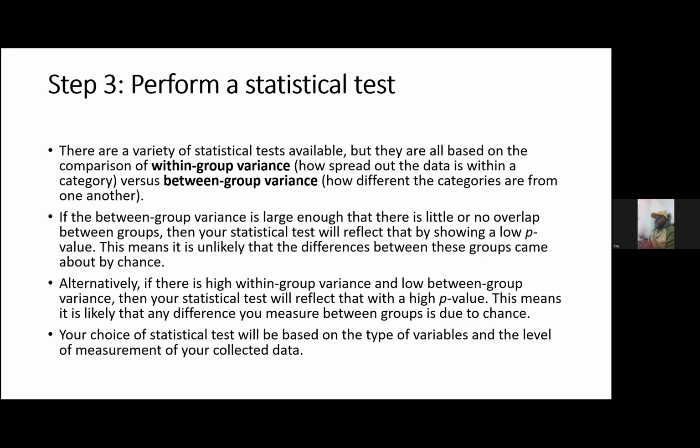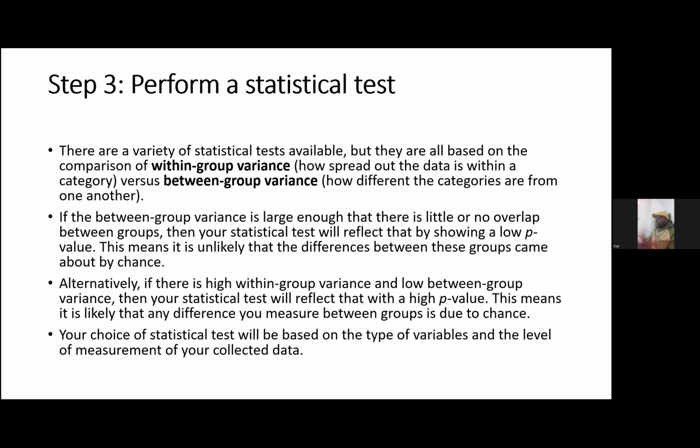Now, here they are saying to look at the difference in within-group variance. The variance. Last lecture, we talked about variance. So I believe we are up to time, we might not go back to that. And then the within-group variance and between-group variance.